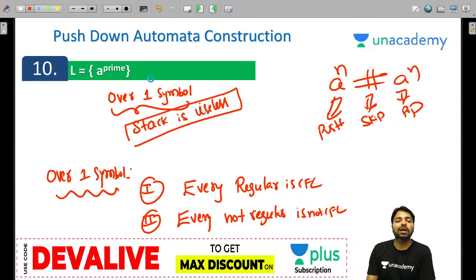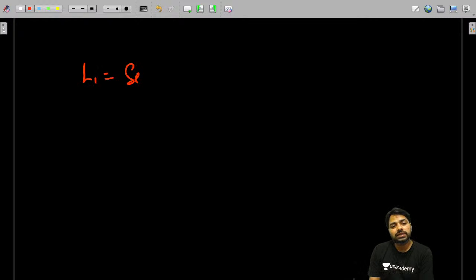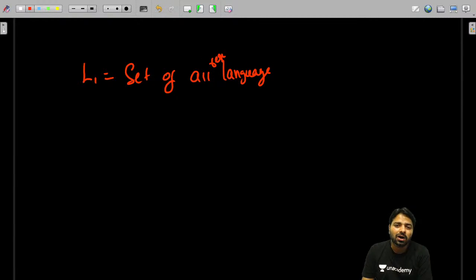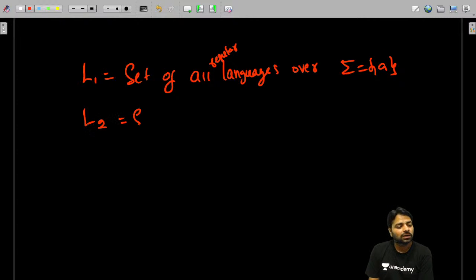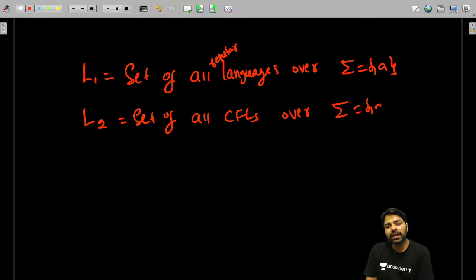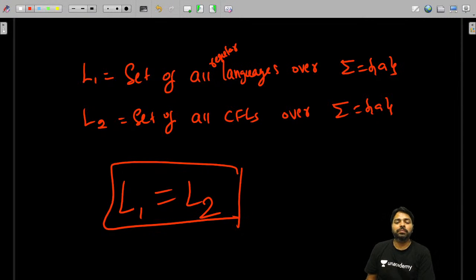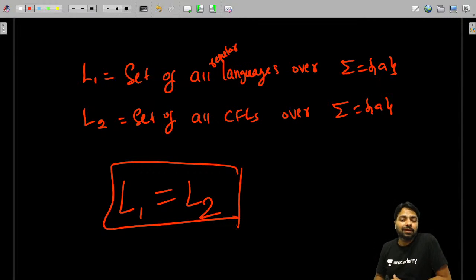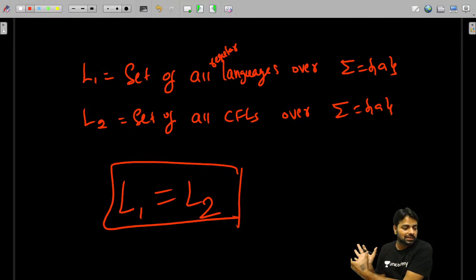If I say L1 is the set of all regular languages over sigma equal to A, and L2 is the set of all CFLs over sigma equal to A, then L1 is equal to L2, because there is no difference between regular language and context-free language if you have only one symbol.